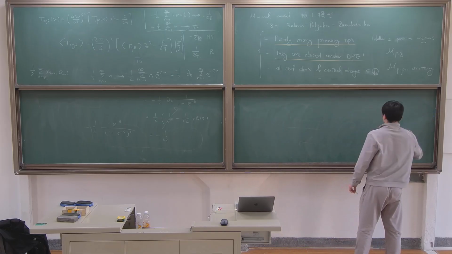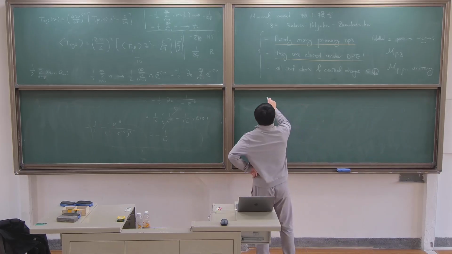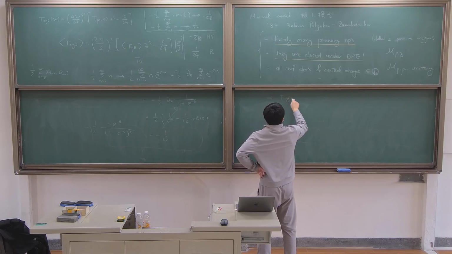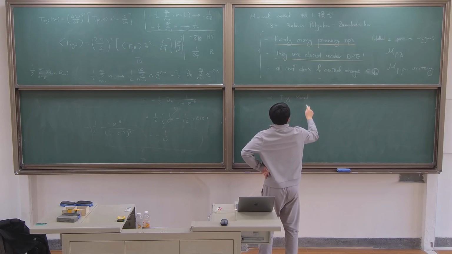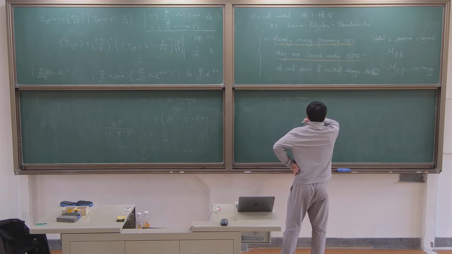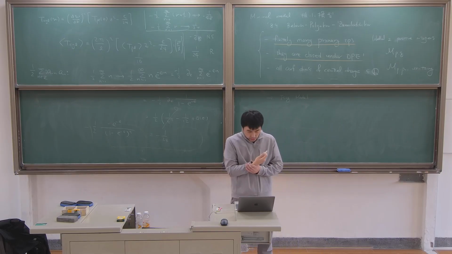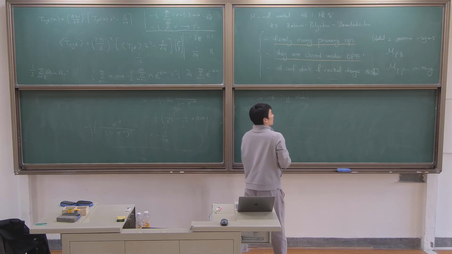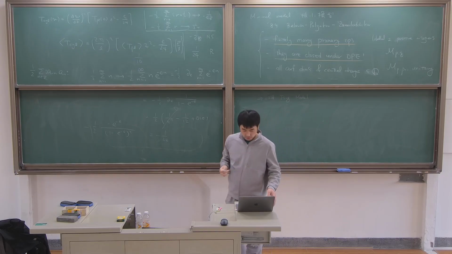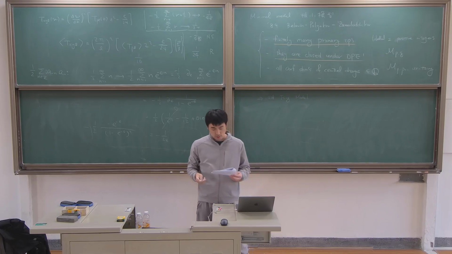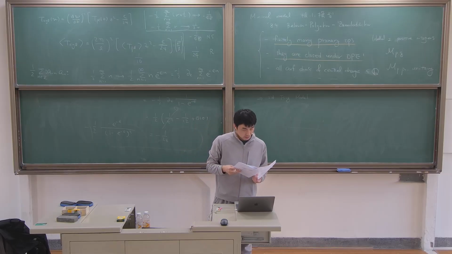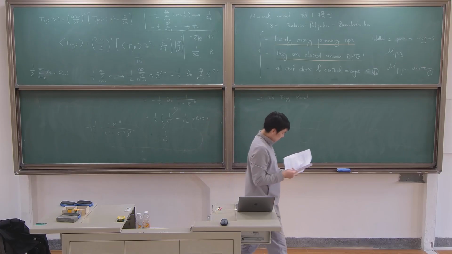The simplest example is the Ising model, the 2D Ising model, and many other critical models. So lots of interesting models will show up from the minimal model. This is what we are going to learn.